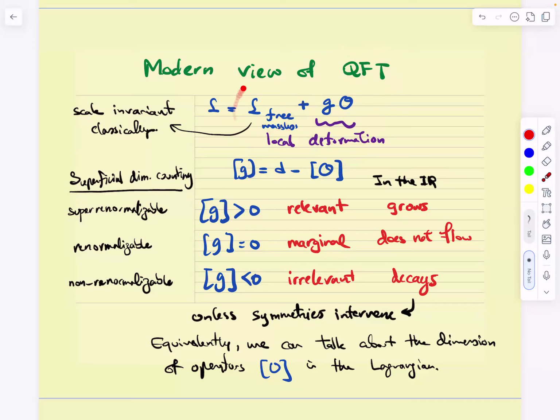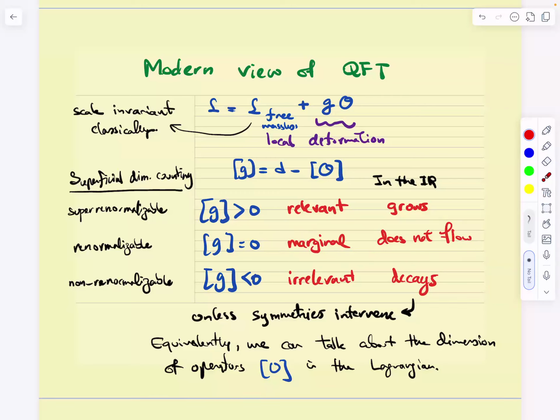This term is classically invariant, and whether this term is invariant or not will depend on the dimensionality of G. When G has no scale dimensions, we call that a marginal deformation.